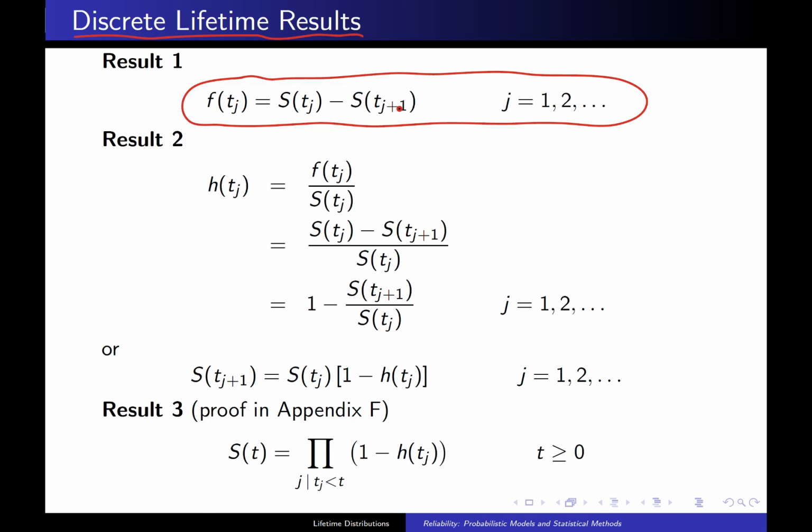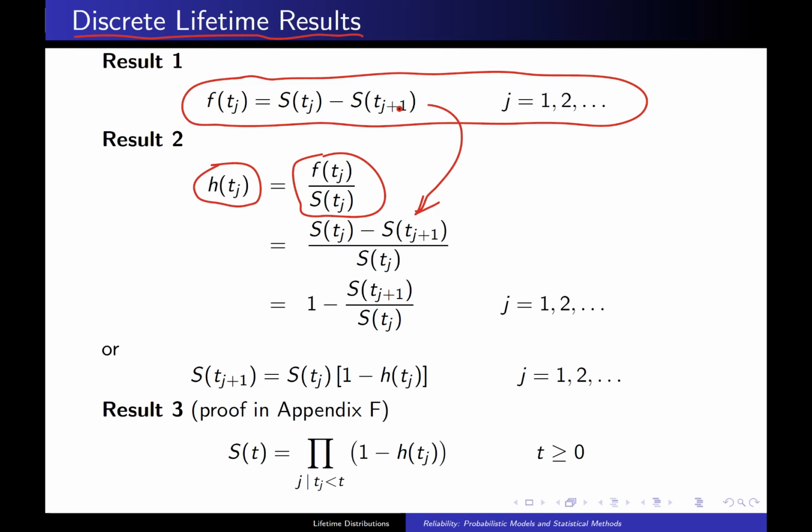Second result, you know that the hazard function at time tj is the ratio of the probability mass function to the survivor function at tj. But from result 1, we know that we can rewrite the numerator here as S of tj minus S of tj plus 1.